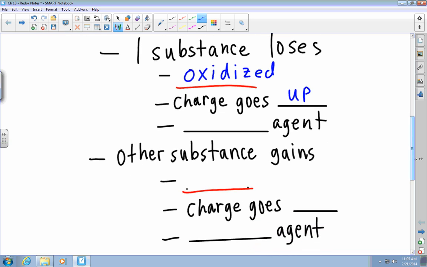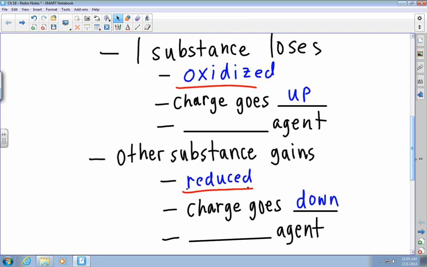And the substance that gains electrons is reduced, and they call it reduced because the charge is going down, because it's gaining negative electrons, and so the charge goes down.